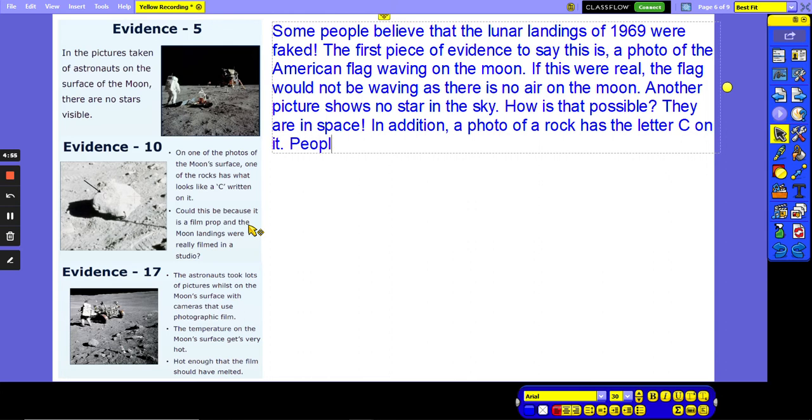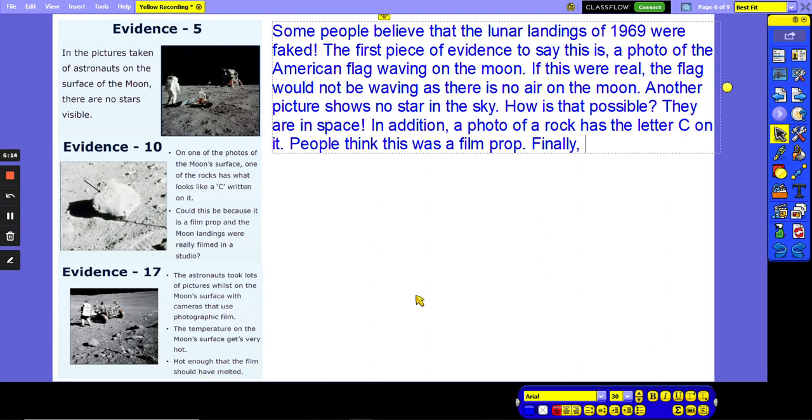People think this was a film prop. So all the answers are on the sheets, on the evidence. You just need to remember which ones you want to use to help you. So my last piece of evidence, evidence 17.